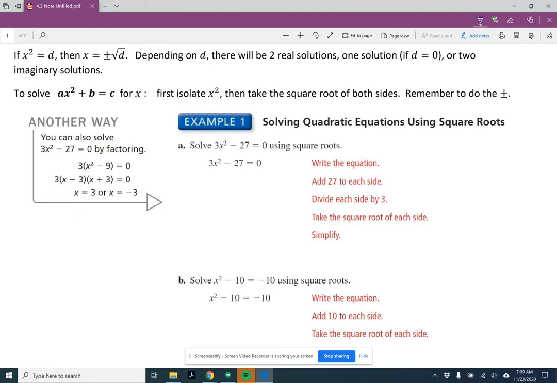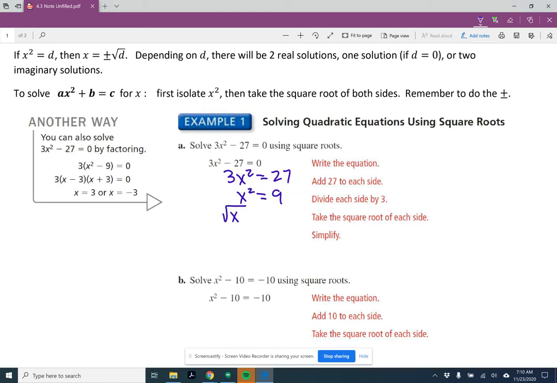So if you wanted to solve 3x squared minus 27 equals 0 using square roots, we write the equation, then we're going to add 27 to both sides. So basically we're moving the minus 27 to the other side. Then we're going to divide both sides by 3. 27 divided by 3 is 9. Then we're going to take the square root of both sides.